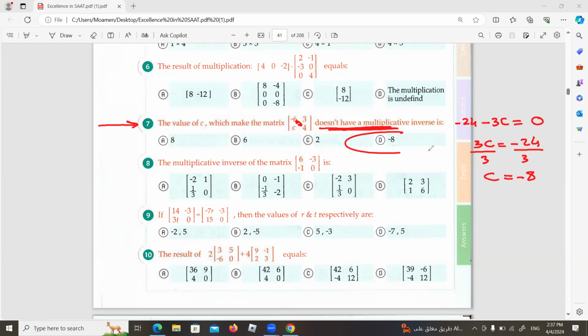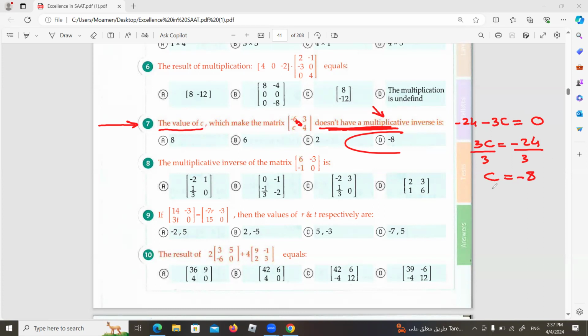Again, from the beginning, to get the value of C, he said that the matrix has no multiplicative inverse. It means its determinant must be equal to 0. I get the determinant, set it equal to 0, solve the equation for C, and get the value of C, which is negative 8.